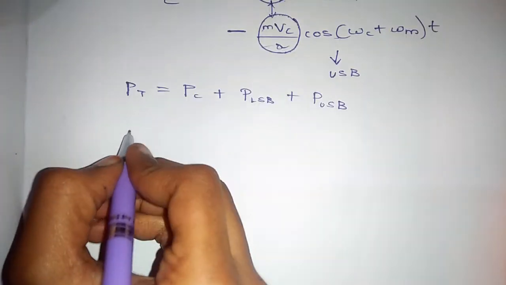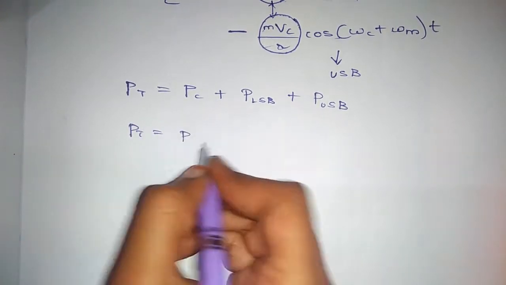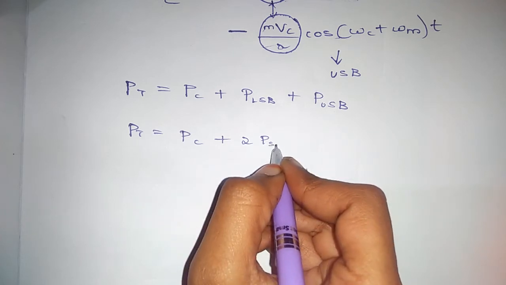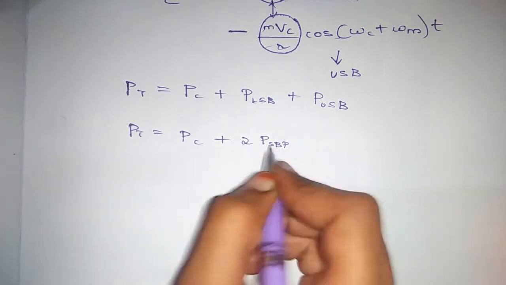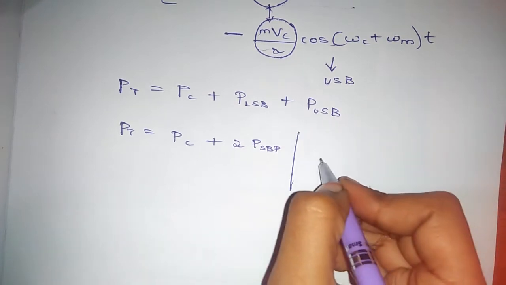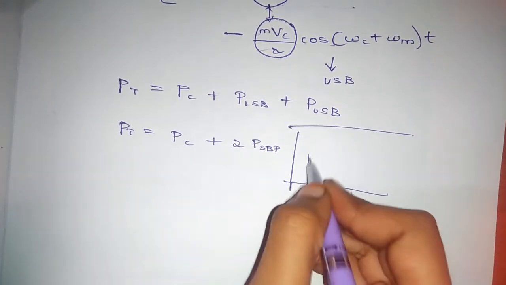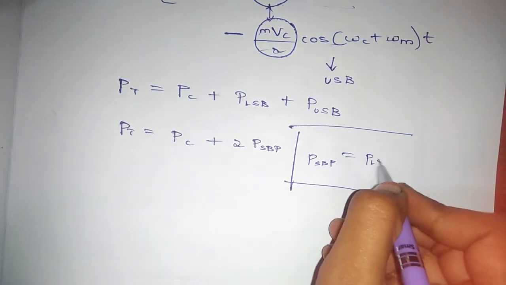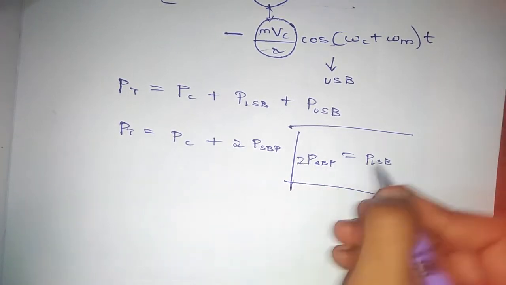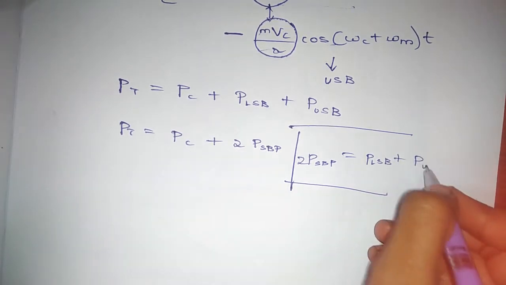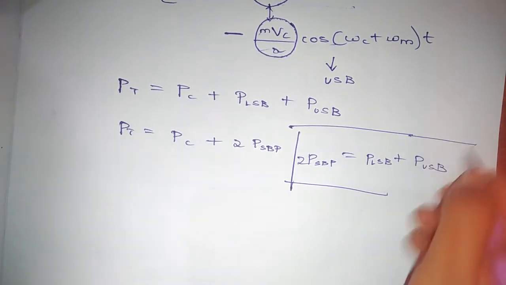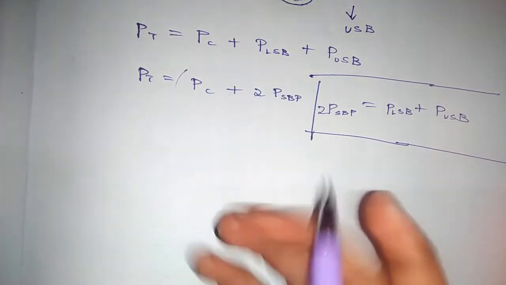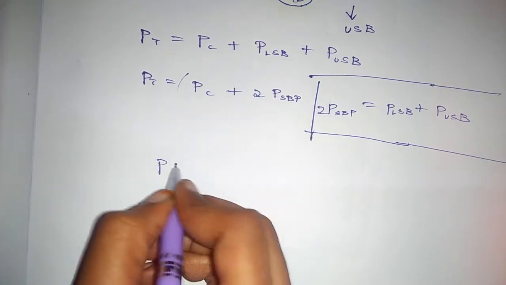So I commonly take PT = Pc + 2 sideband power, where PSB is the power of the LSB plus USB.